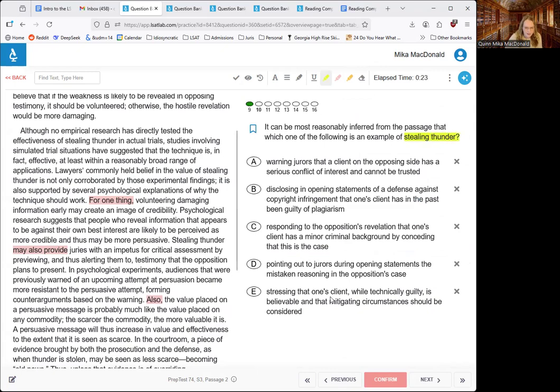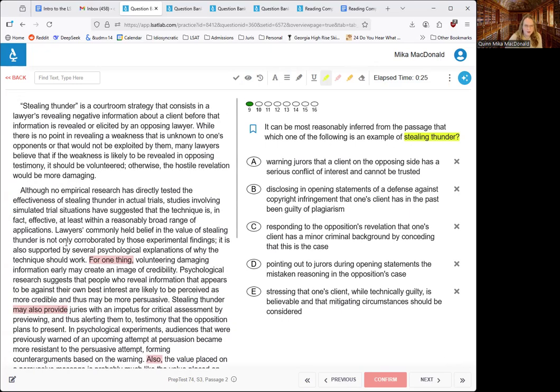Since we know that clear definition is up here, we should just do a quick little refresh. And I see, okay, reveal negative info before it could be revealed by an opposing lawyer. And we do this because we think it would be bad for us when the opposing side brings it up. And so we bring it up ourselves to help diffuse it, right?